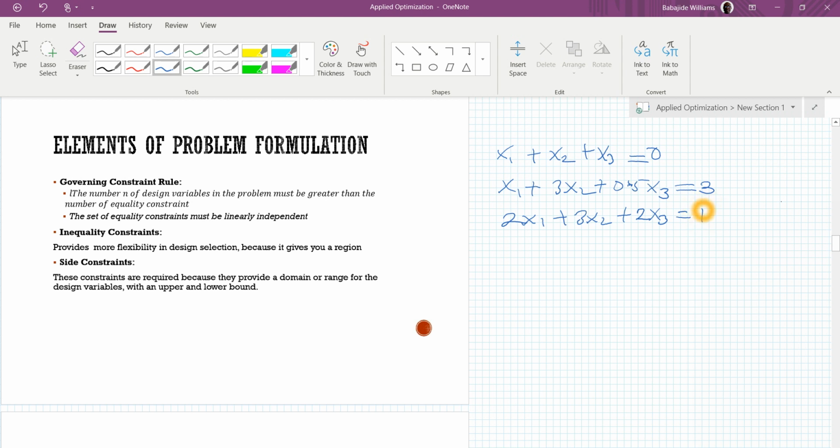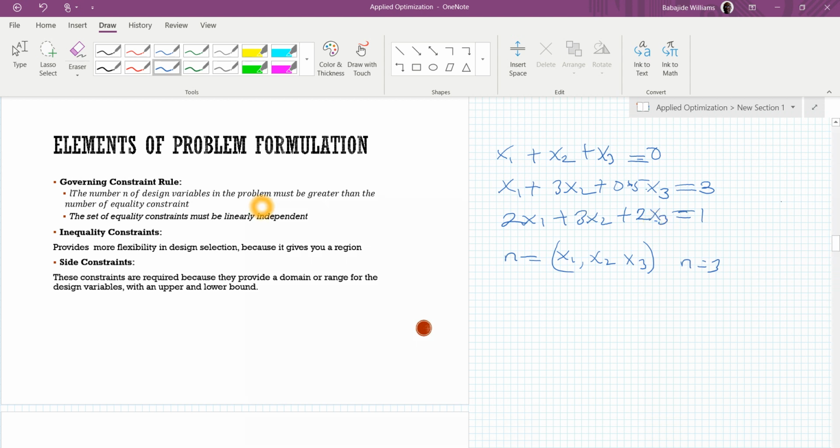Now, can you tell me the number of variables we have here? The variables are x1, x2, x3, so n equals 3 right here. But we have 1, 2, 3 equality functions.